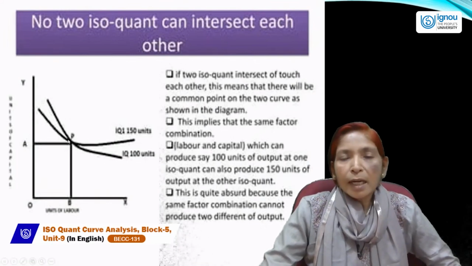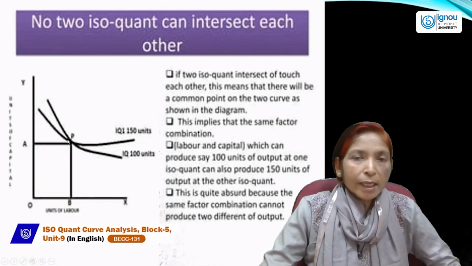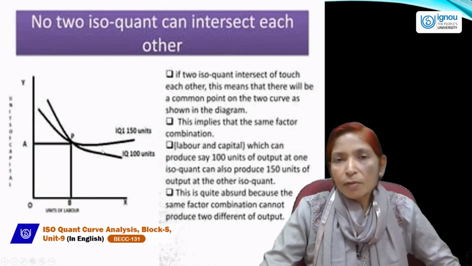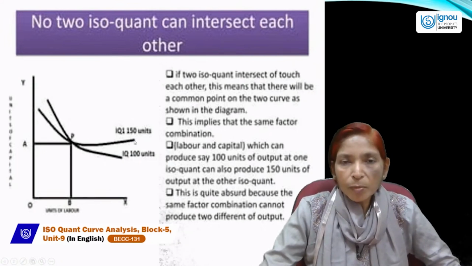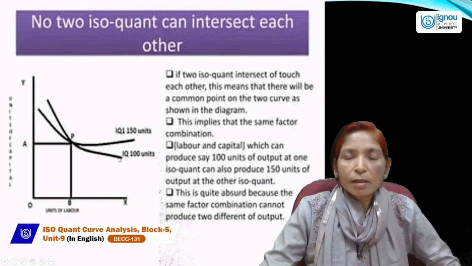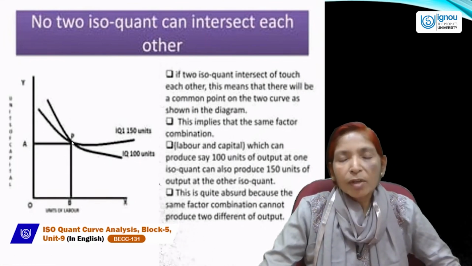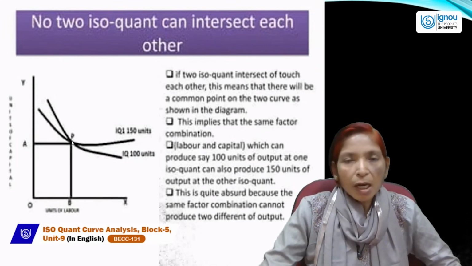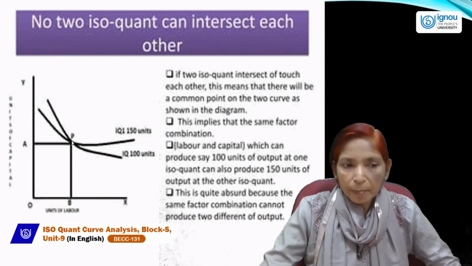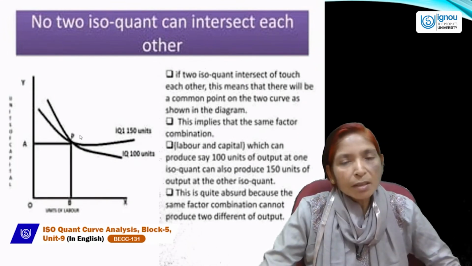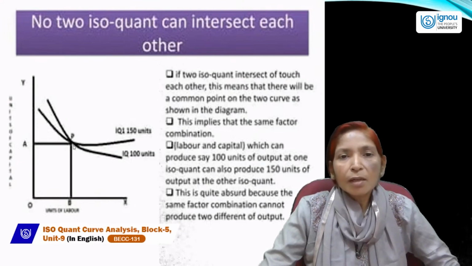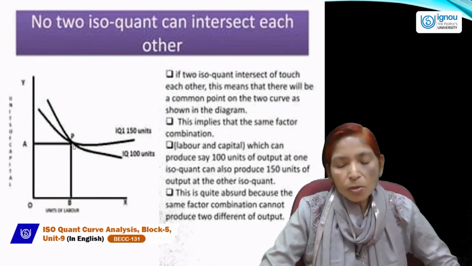And another thing, we know that a higher isoquant curve shows a higher level of output and a lower isoquant curve shows a lower level of output, then how can we say that at the point of intersection the level of output will remain the same? The output will not remain the same at the point of intersection. That's why isoquant curves can never intersect each other.